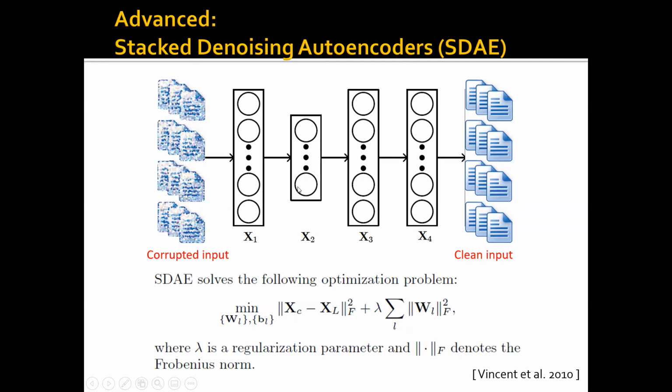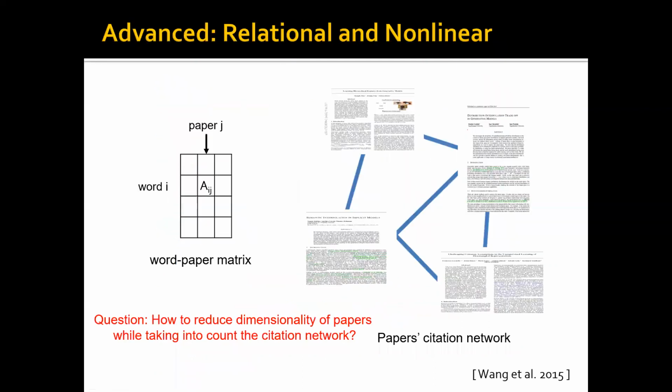As always, the output of the middle layer will be used as the representation of the data, or the data of reduced dimensionality. One nice thing about this stacked denoising autoencoder is that it can be easily extended to handle multiple types of data.